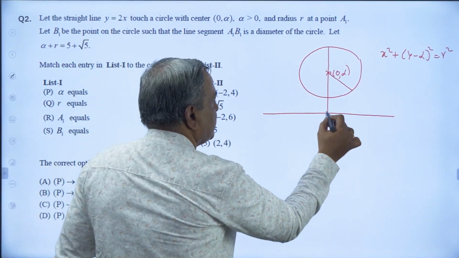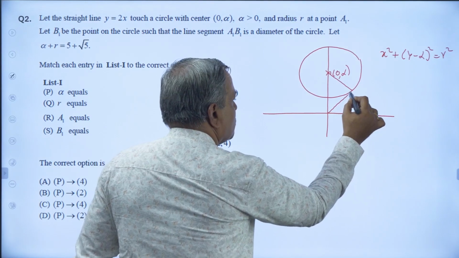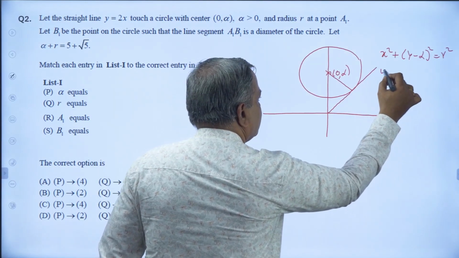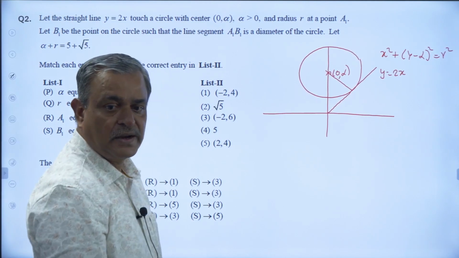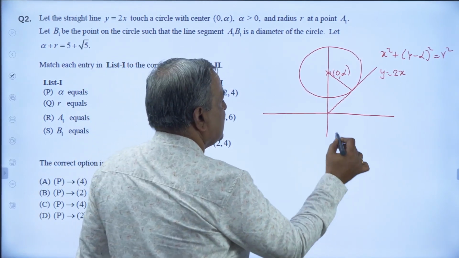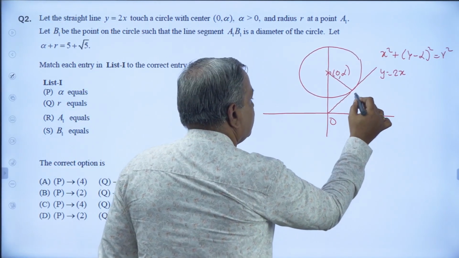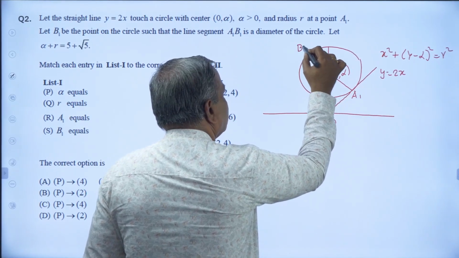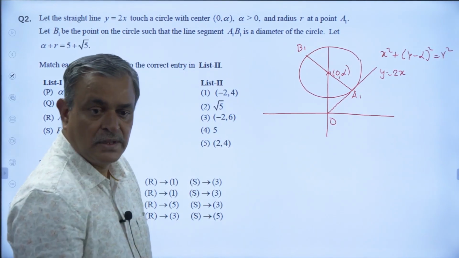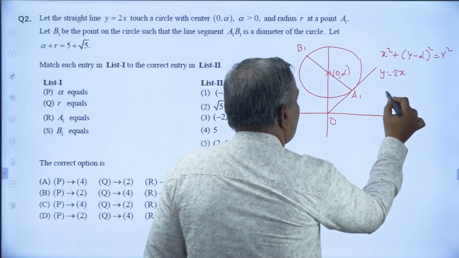y is equal to 2x is the tangent given to us. Correct? When y is equal to 2x is given, name it as O. This is A1 and produce it, this is B1. Now, what is the slope of OA1?